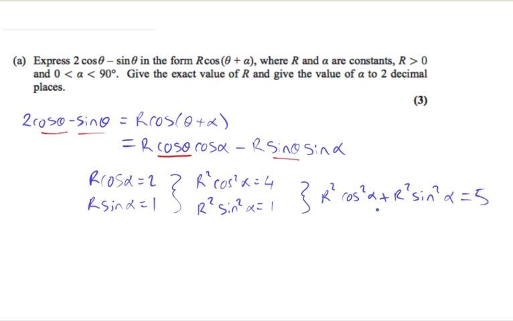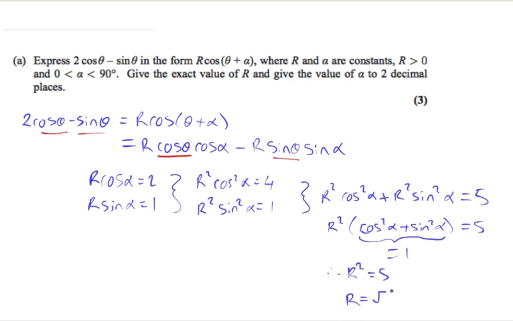We can factorize the r squared to get r squared times (cos squared alpha plus sine squared alpha) equal to 5. We recognize that this is the identity that equals 1. Therefore, r squared equals 5, so r equals root 5.